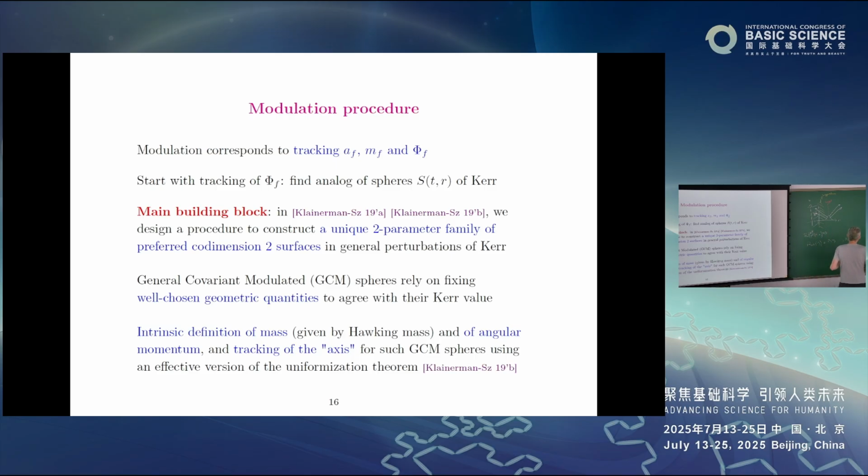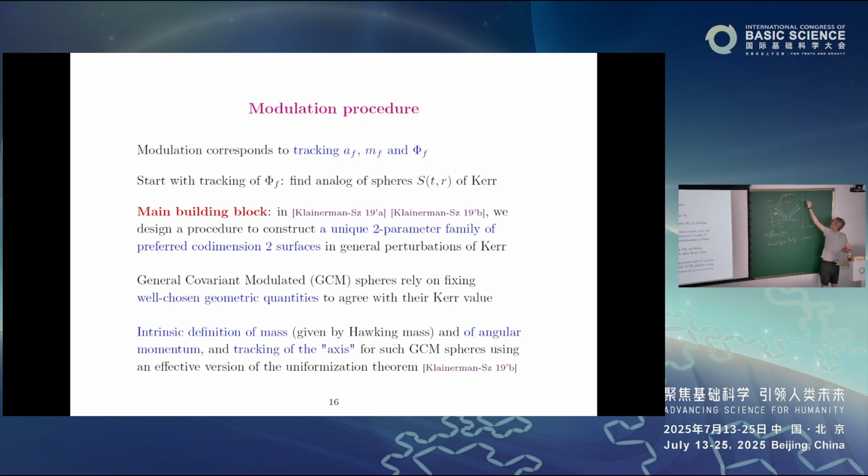In our gauge, what is very important is that I want to recover, in my perturbation of Kerr, the analog of the spheres of Kerr. What do I call the spheres of Kerr? Remember there was this T, R, theta, phi coordinate system. In the T, R, theta, phi coordinate system I presented, I want to recover the spheres of constant T and constant R. That would give you topological two-spheres, in short round spheres centered at the origin at time t.